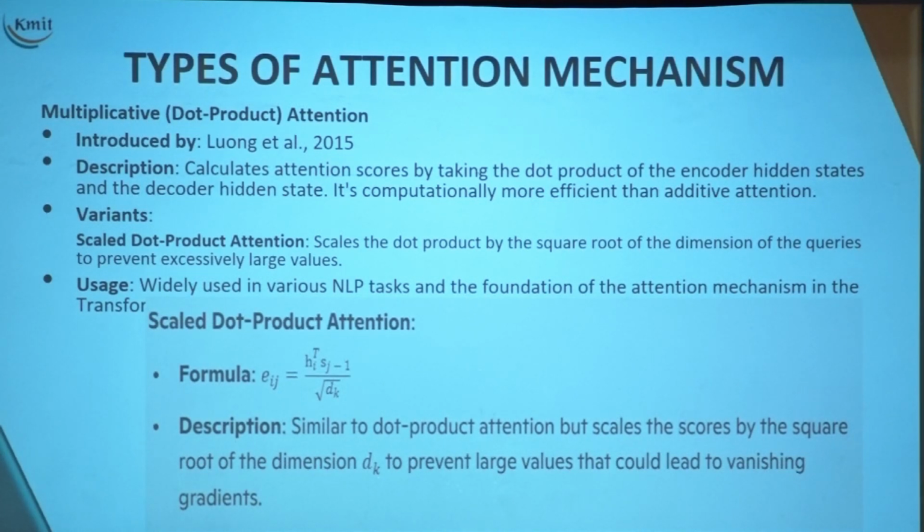Because in mathematical calculations, if you are not doing normalization, the values explode. So to avoid that, we do scaling. So this is scaled dot product attention. This particular thing is widely used in all NLP tasks, wherein you are scaling the dot product. It calculates the attention scores by taking the dot product of h_i, that is the encoder hidden state, as well as the decoder hidden states. This is also one type of mechanism.